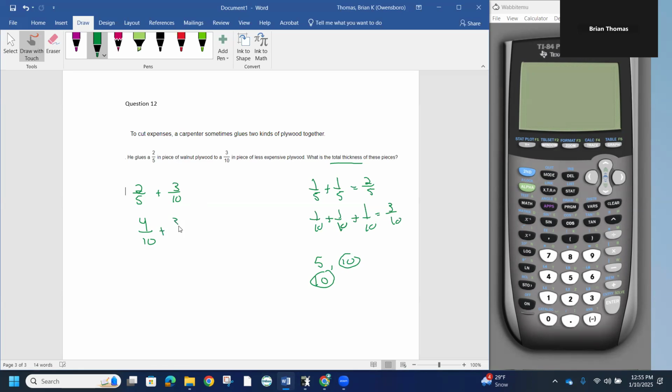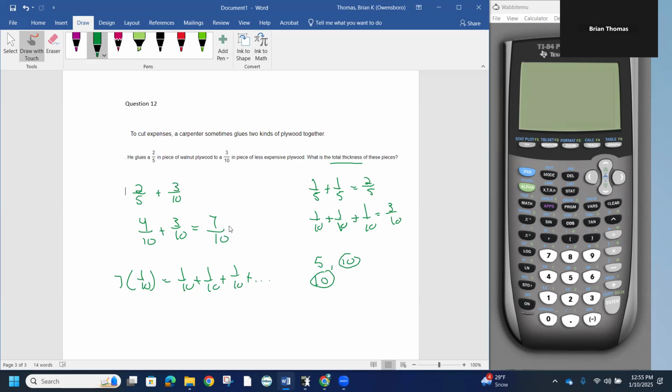Then if you add 3 more tenths to that, that gives us a total thickness of 7/10. So we have 4/10 and another 3/10, which makes a grand total of 7/10 altogether. Again, 7/10 is a shortcut for 7 times 1/10, or a tenth plus a tenth plus a tenth, but you're doing that 7 times.